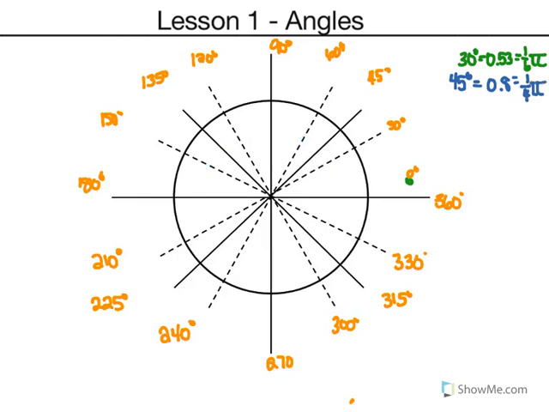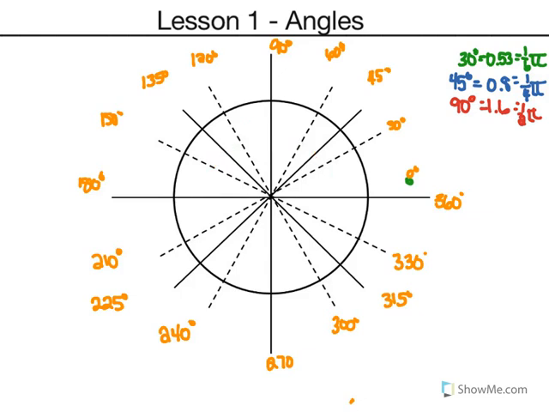90 degrees is 1.6 radians, and if you look at it, it's 2 sections, so it's 1/2 pi. And I think that's all you need to remember: 1.6, 0.53, and 0.8.